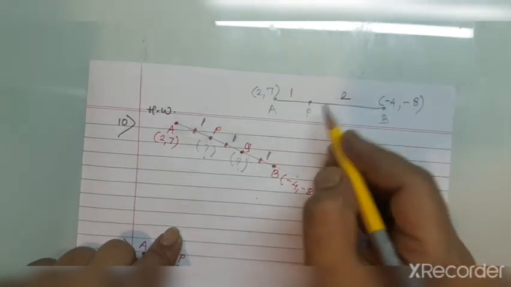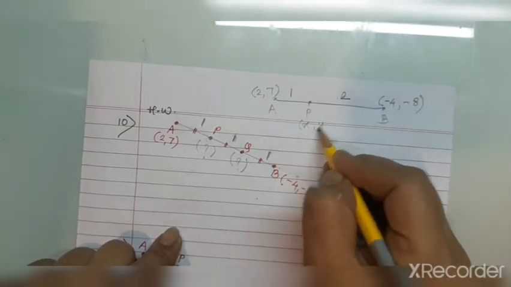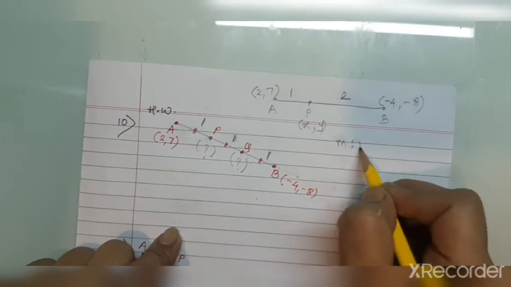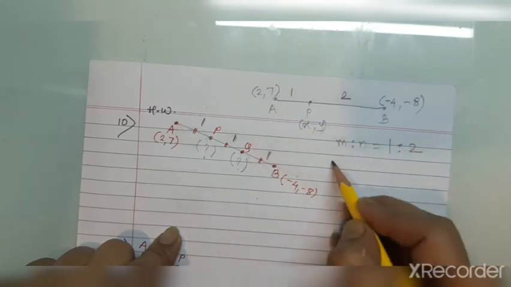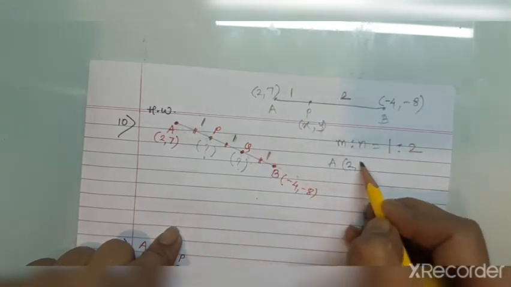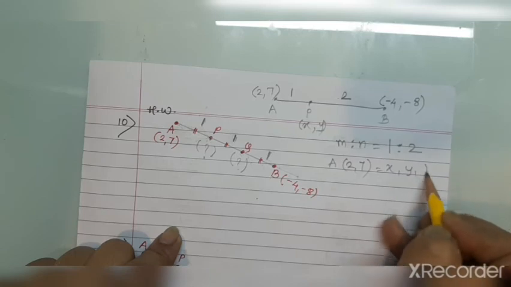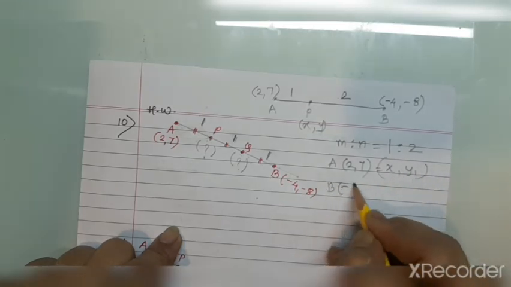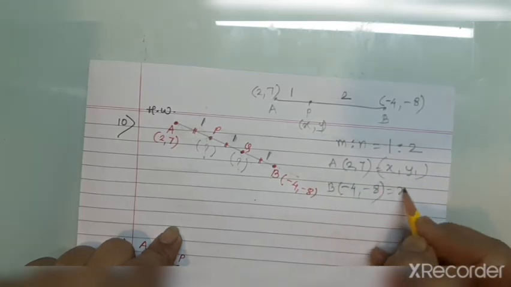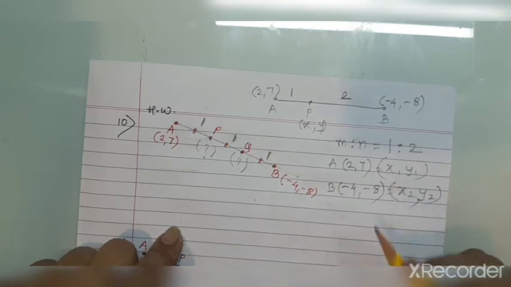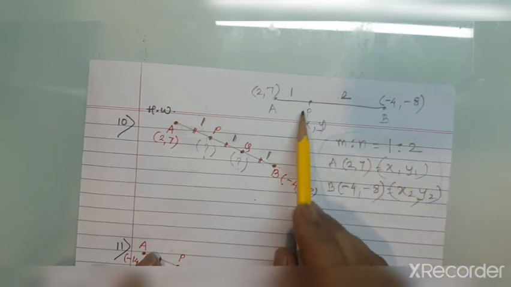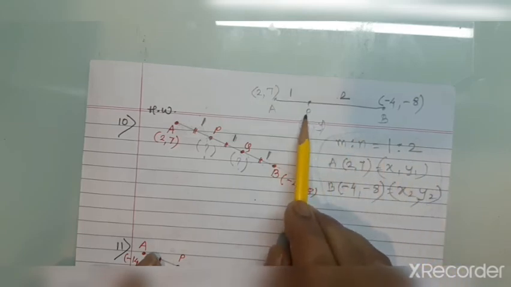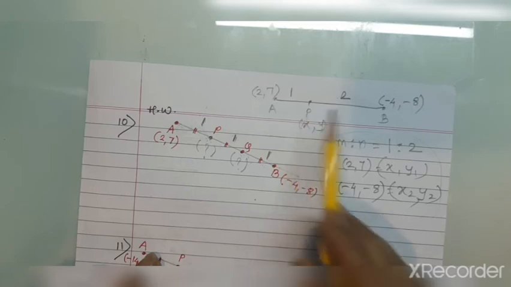So now to find the coordinates of P, the ratio m to n is 1 is to 2. And point A, that is 2 and 7, will be x1, y1, and point B, -4, -8, will be x2, y2. Therefore, by the section formula, we can find the coordinates of point P. I hope this much is clear.